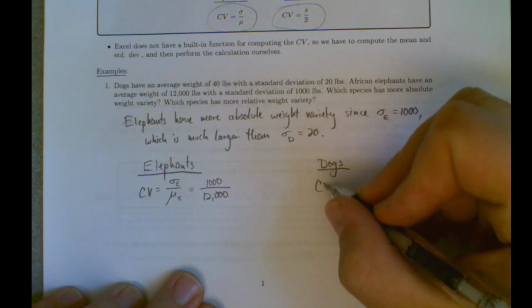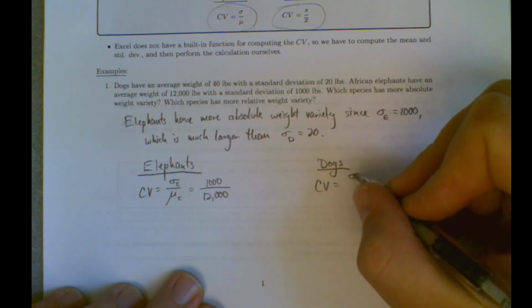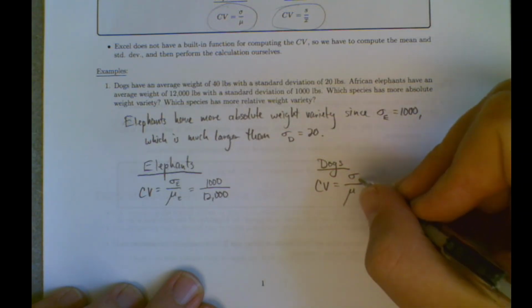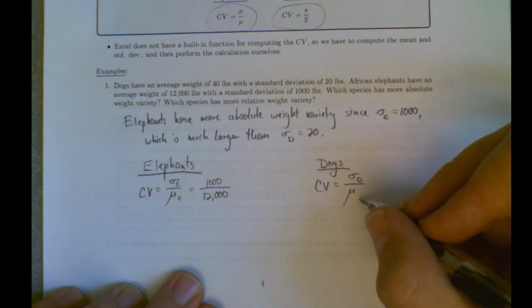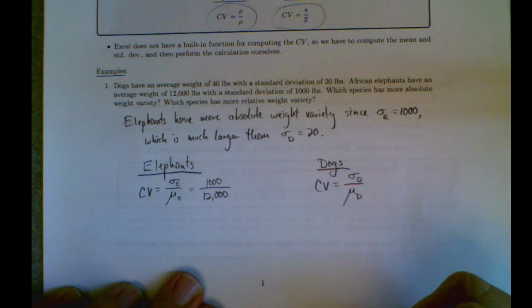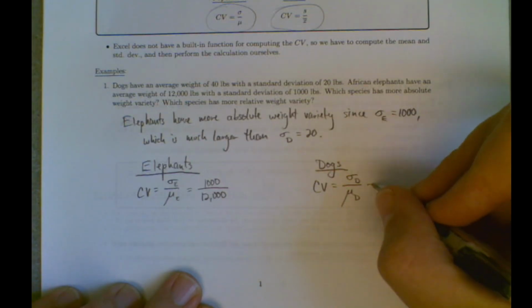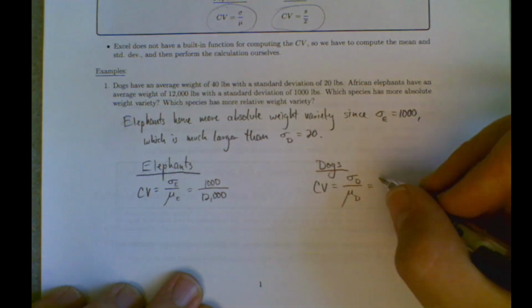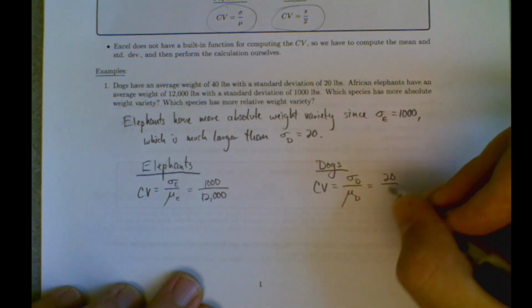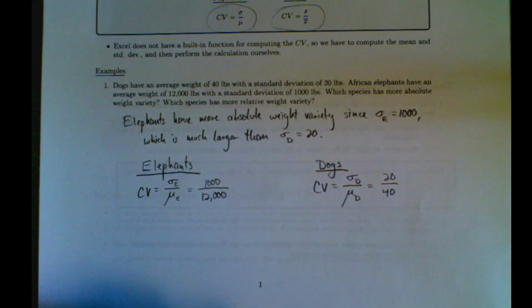So for dogs, the CV is again sigma divided by mu, the standard deviation for dogs divided by the mean for dogs. So for dogs, that's going to be 20 divided by 40. Let's pop those into our calculator and see what we get.